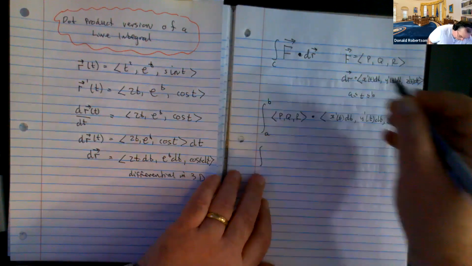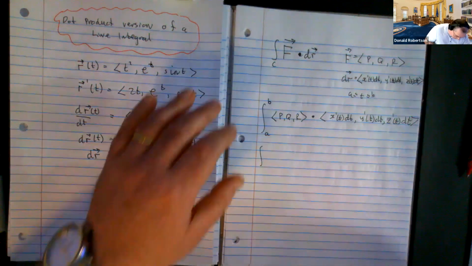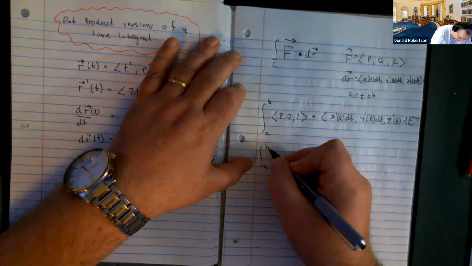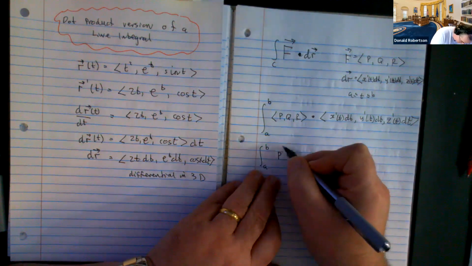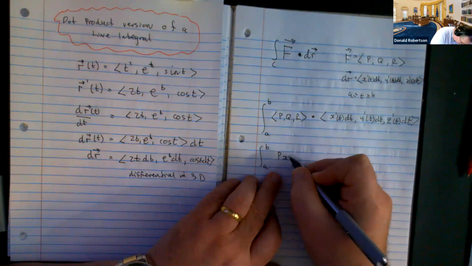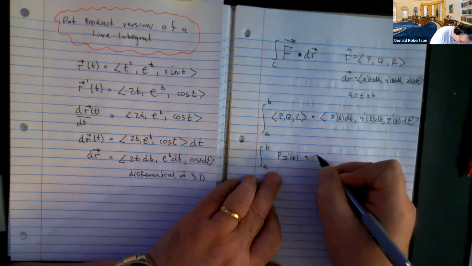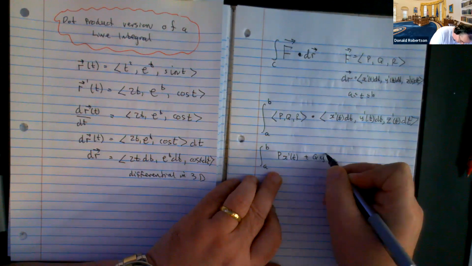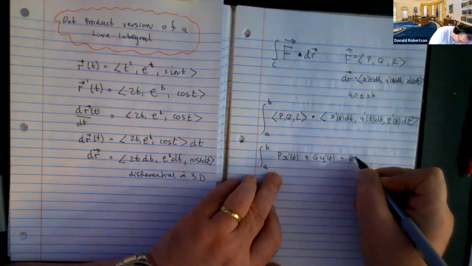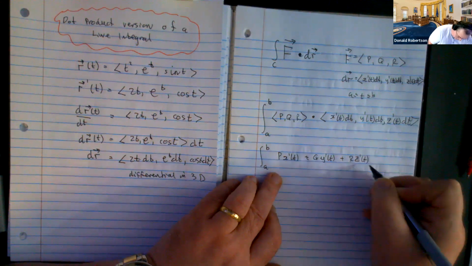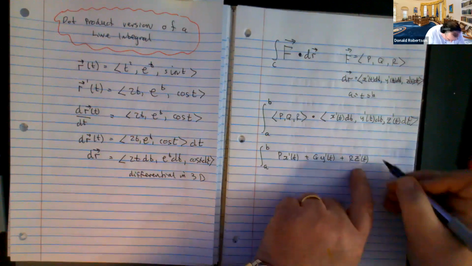And basically, I'm trying to create this formula that we're going to jump to. So if you do a dot product, you're going to have P times x dash of t plus Q times y dash of t plus R times z dash of t, right? All with their own dt.